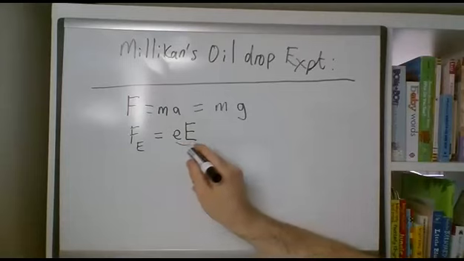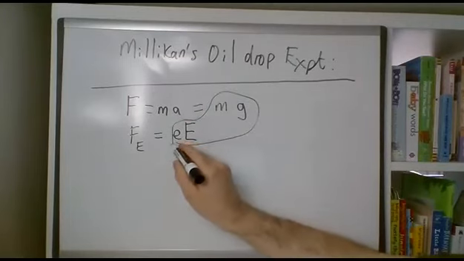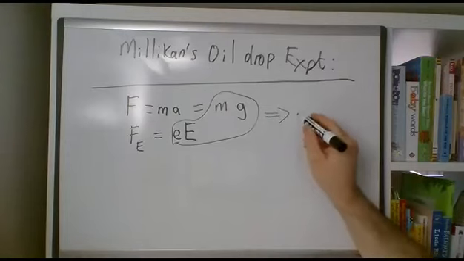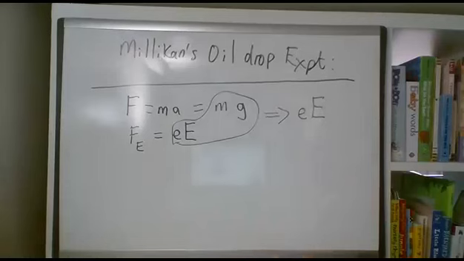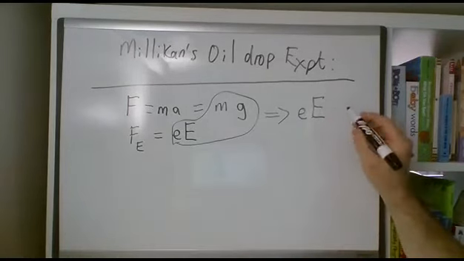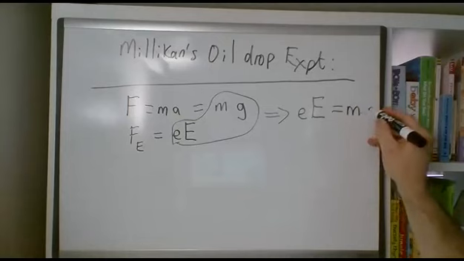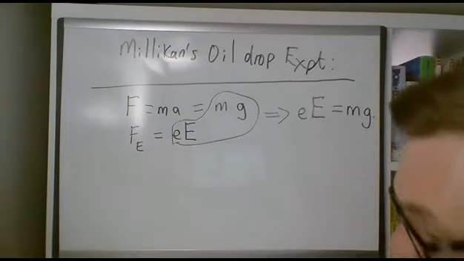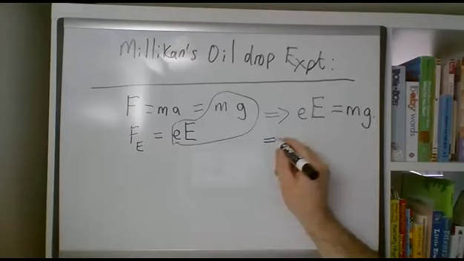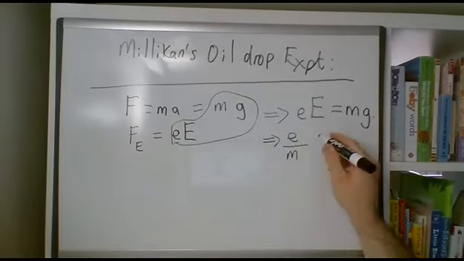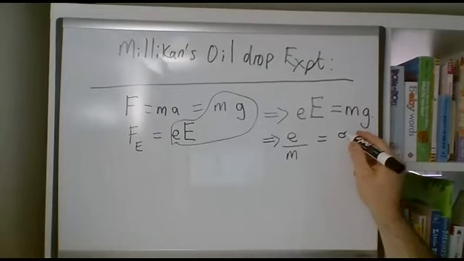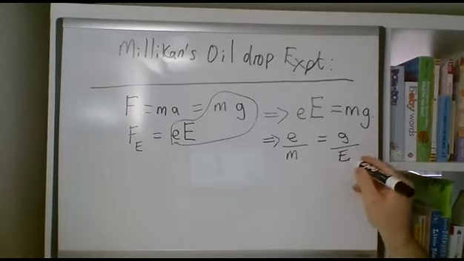By analogy, we're going to say that the charge on the electron times the electric field E equals mg, which implies that the charge on the electron over the mass of the electron is acceleration due to gravity over the electric field.